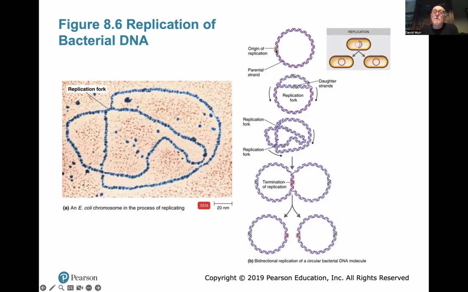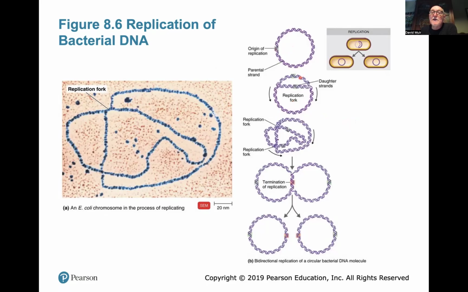And there is a little tiny point which is anchored to the cell membrane, and that is called the ORIC, O-R-I-C. And that is also, in full, called the origin of replication. So at the origin of replication is where replication of the bacterial chromosome begins.